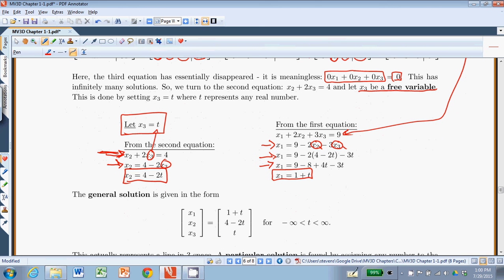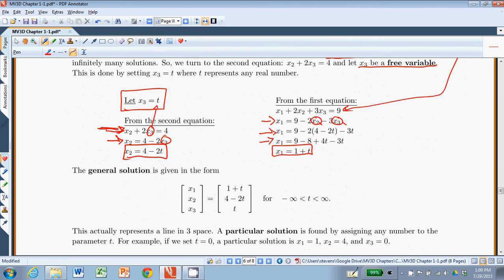So this gives us the structure of the infinitely many solutions. Again, it's not just any arbitrary collection of 3 variables. There is structure to this solution. There's just infinitely many of them. And so that structure is given in terms of a general solution. It represents all of the solutions.